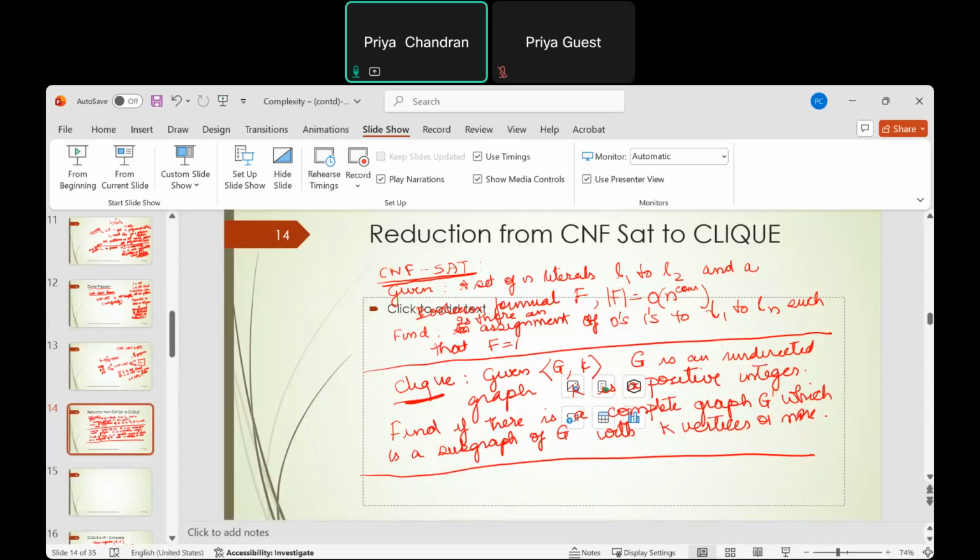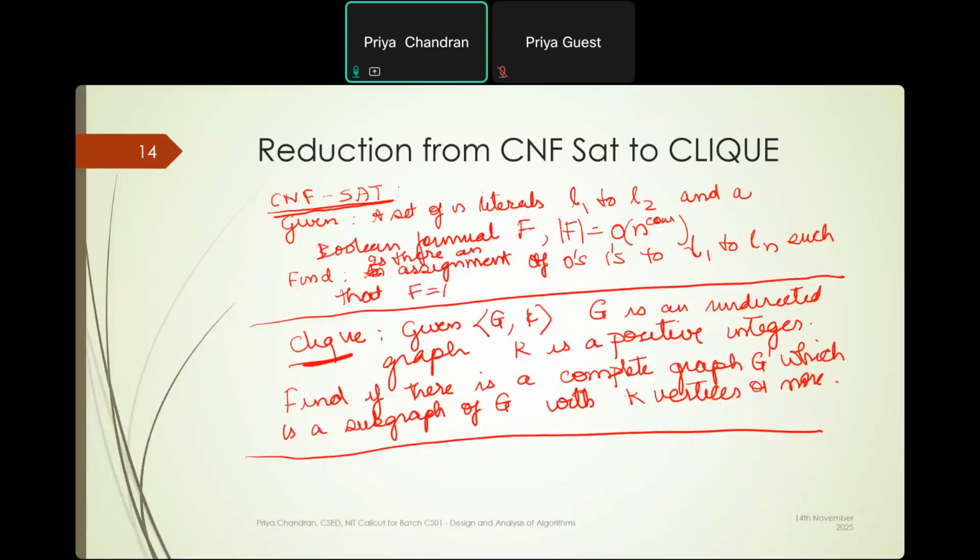To quickly review them, the CNF SAT problem or language goes as follows. We are given a set of n literals L1 to Ln and a Boolean formula F. The Boolean formula F is in CNF form, that is the conjunctive normal form, or an AND of ORs form.